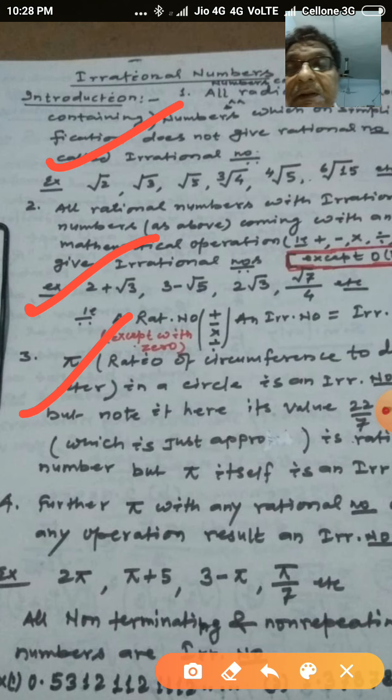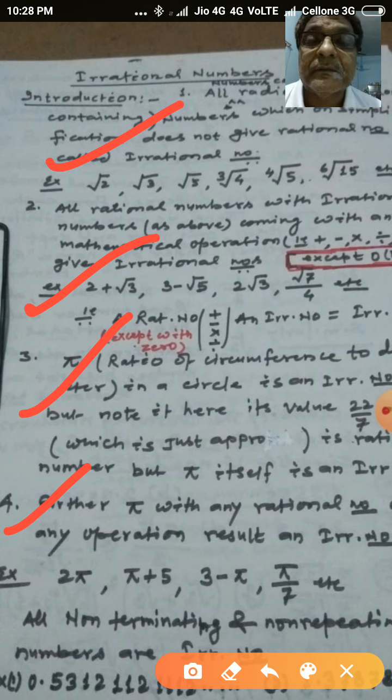Okay, the next point is, since pi is already irrational, if we take any rational number with this pi under any operation, addition, subtraction, multiplication, division, then again it results in an irrational number, except for one exception.